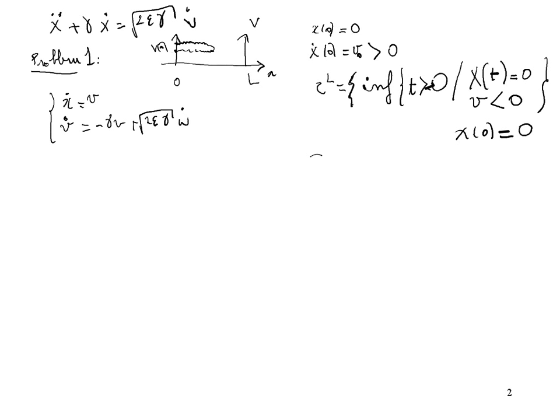Now we can do the same, we can define the time on the right, which is the first time that the particle escapes from the right, which means x of t equals L, when initially x0 was equal to 0.